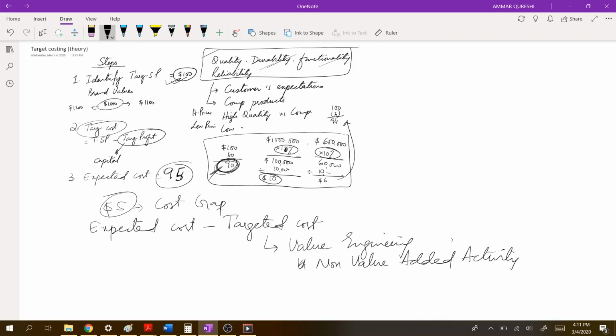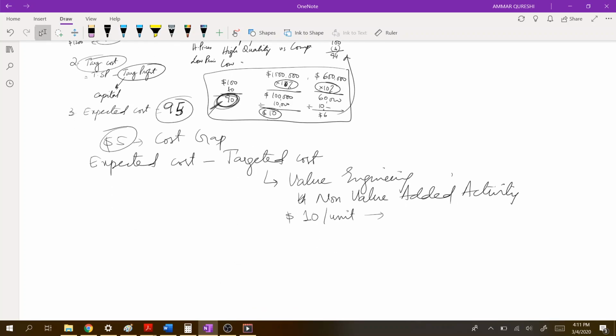For example, our supplier is providing us raw material at $10 per unit, and suppose we tell our supplier that we will give you around 60% of the orders of this particular component for the whole life of this product, provided that you supply it to us at $8 per unit.